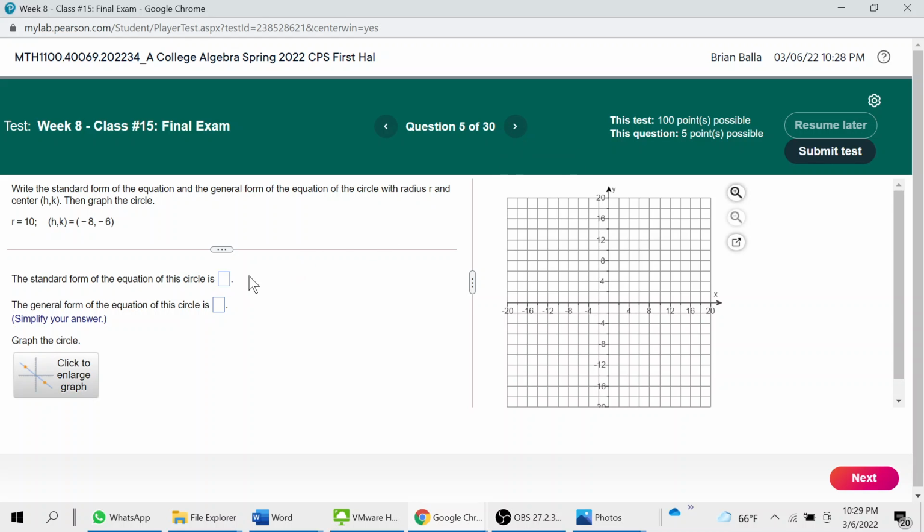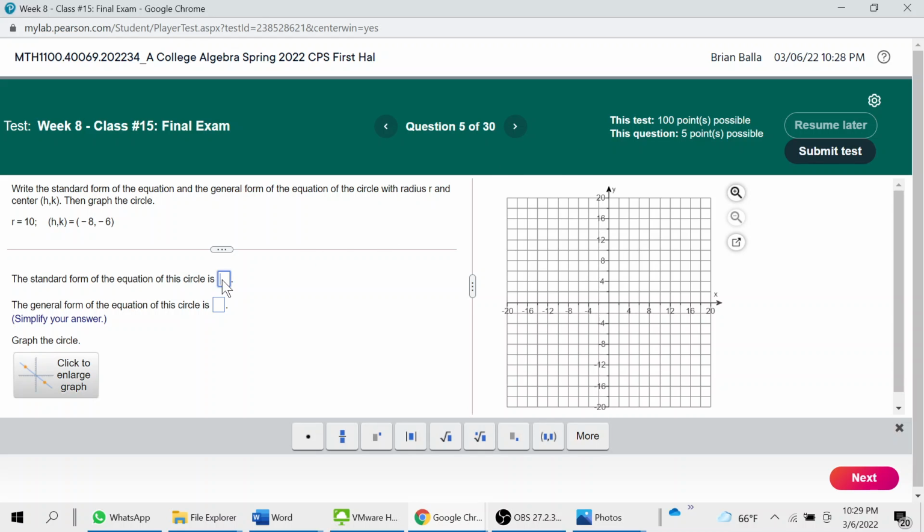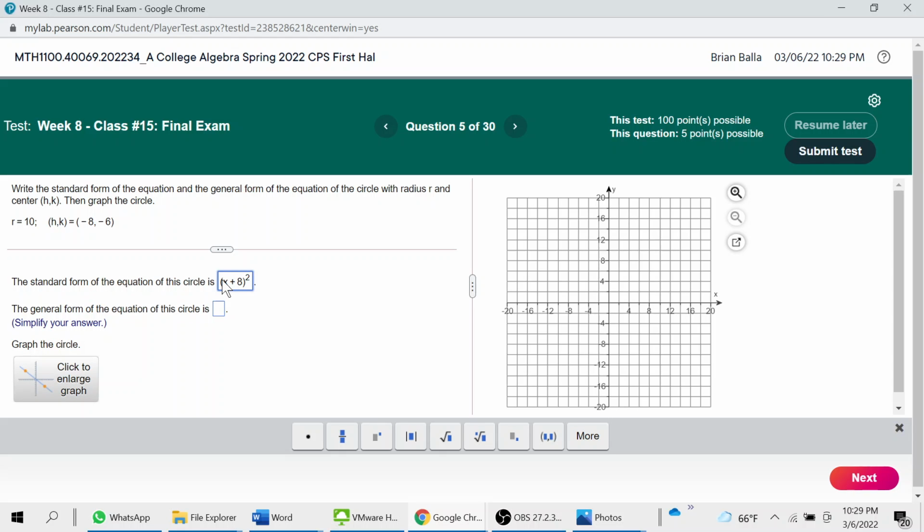Okay. Standard form of the equation of this circle. So it's x plus 8 squared plus y plus 6 squared equals the radius, which is 10. 10 squared is 100.